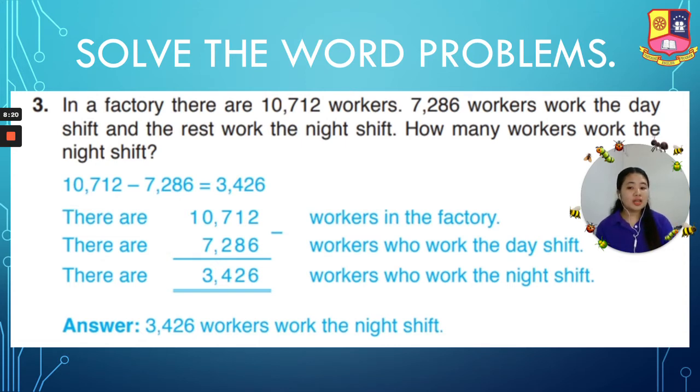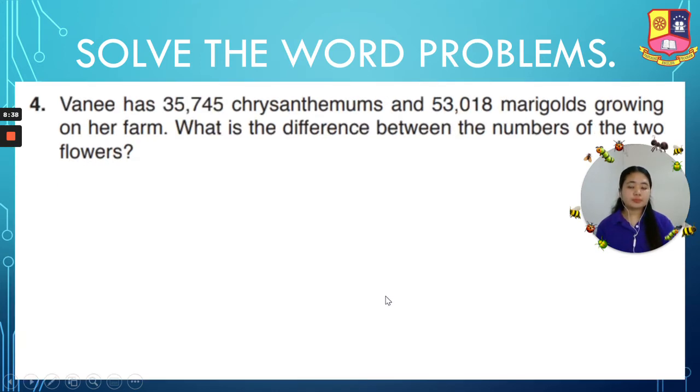Okay, so total, we subtract the day shift, then the remaining ones will be the night shift. So this is already the answer, 3,426. Okay, very good. Then let's go now to number 4.